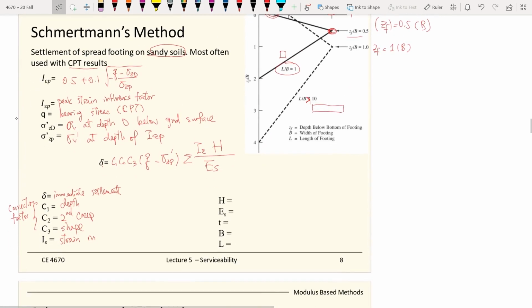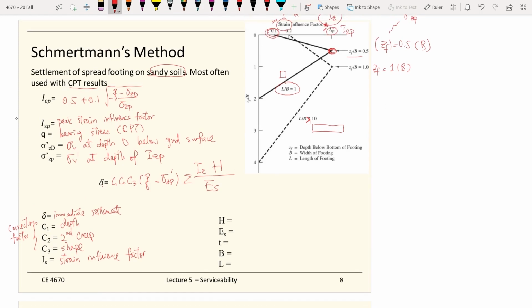So this figure, this strain influence factor, is kind of a depth-dependent factor. This is the depth normalized by the width of the foundations.